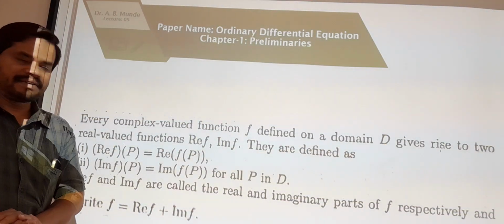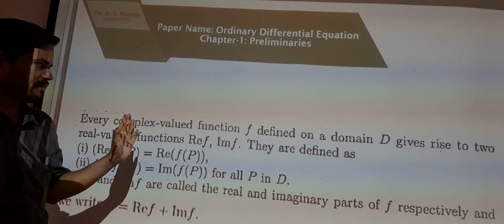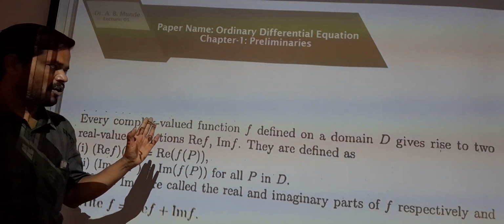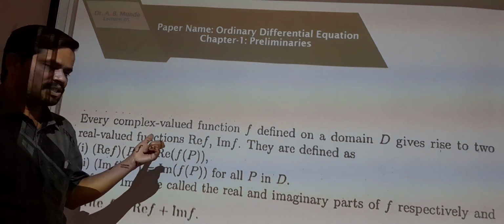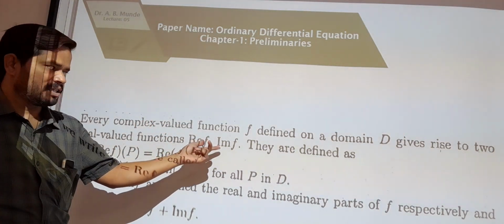Again there is a remark: every complex valued function f defined on a domain D gives rise to two real valued functions, the real part of f and the imaginary part of f.